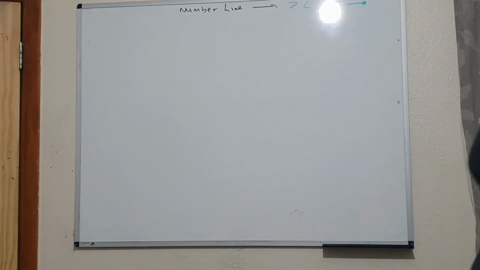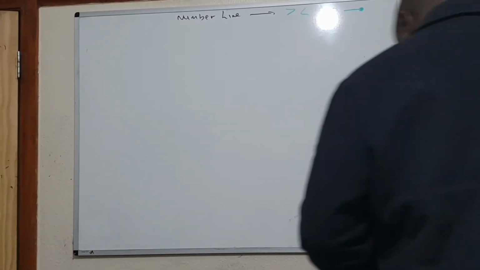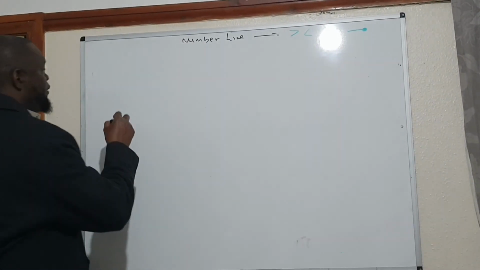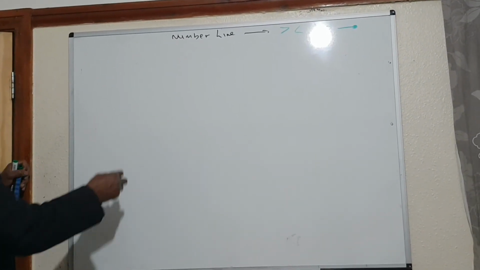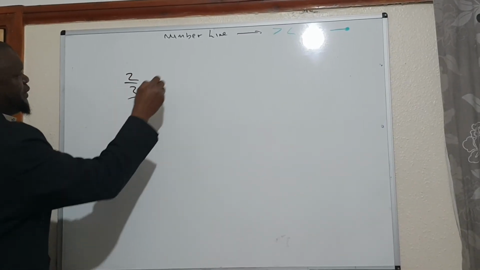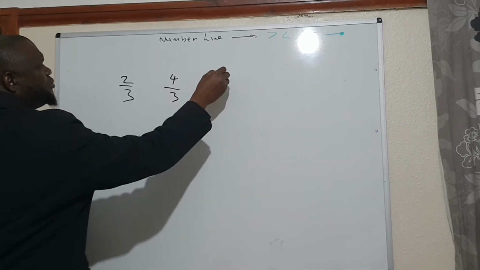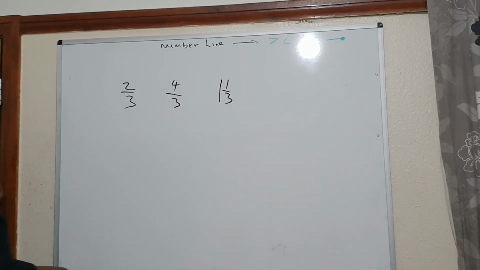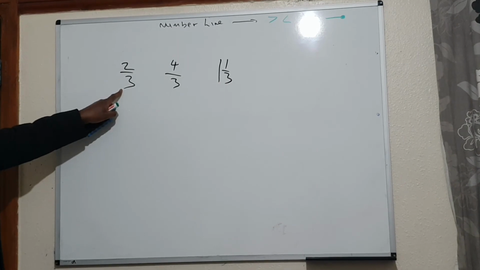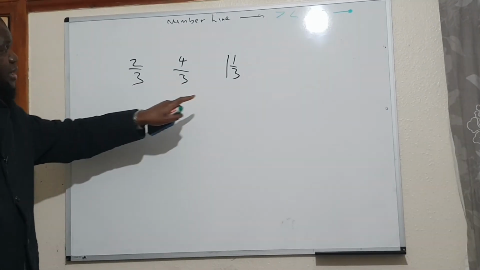Okay? So our next topic will be operations with fractions. Simply fractions. Okay? What type of fraction will that be? That's a top heavy fraction. Improper. Okay? Proper fraction, improper fraction, mixed number.